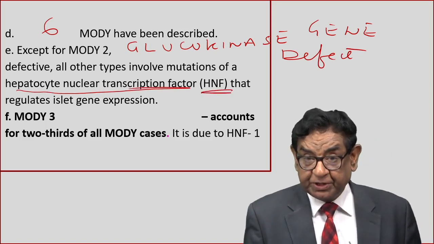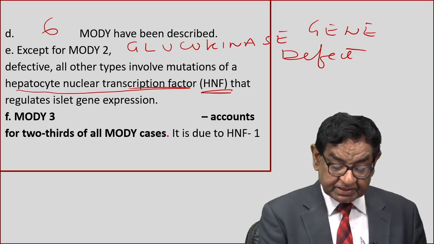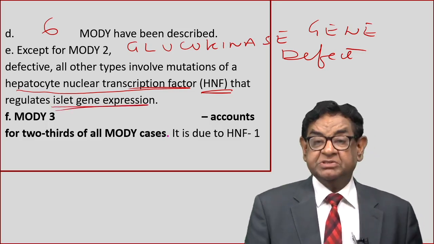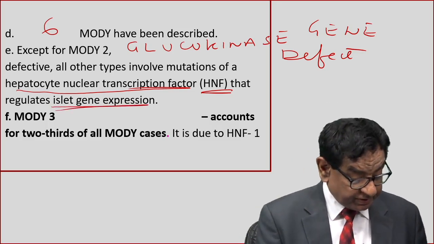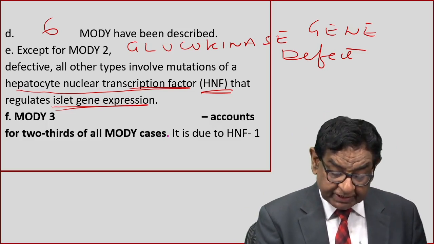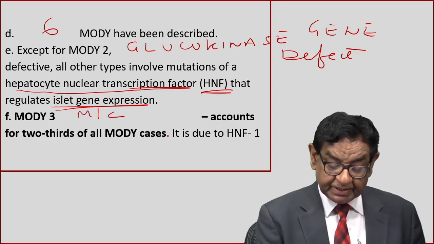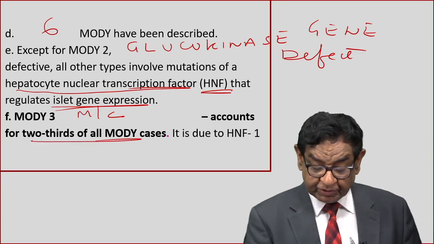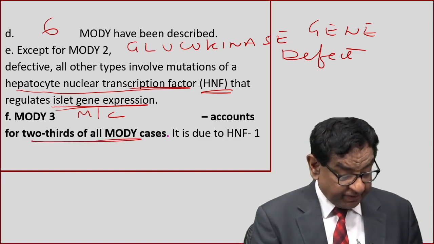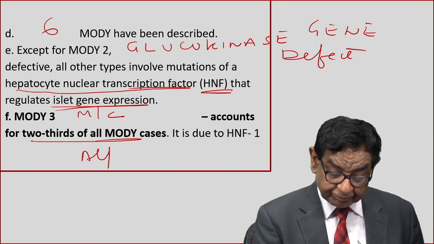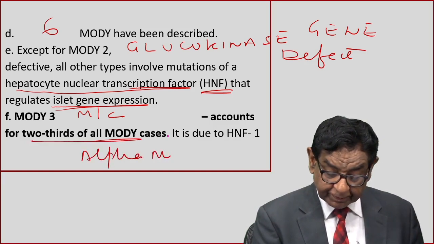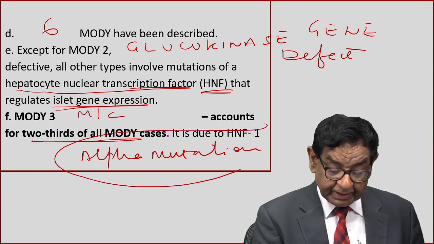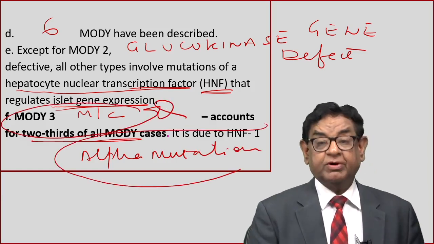The mutation occurs in this, and this regulates islet cell gene expression. Okay. MODY 3 is the most common type. It accounts for 2/3 of MODY cases, and this is due to HNF1 alpha mutation. Again, this is a very important point, you got to remember it.